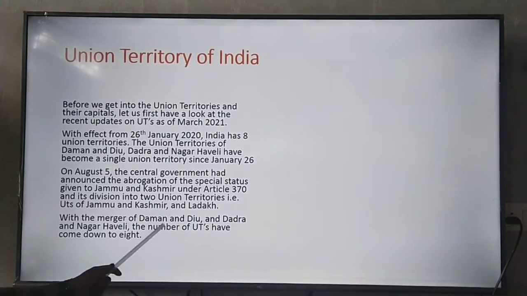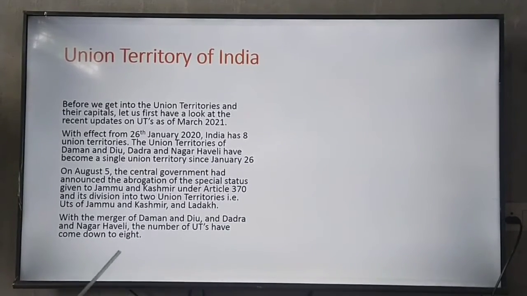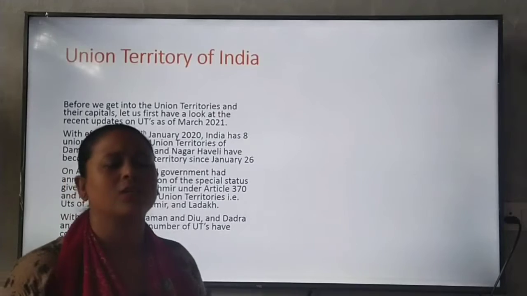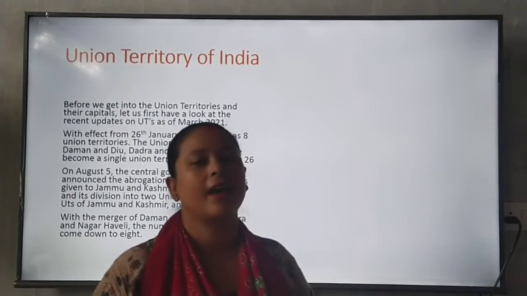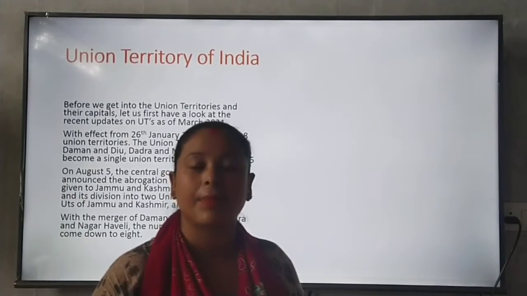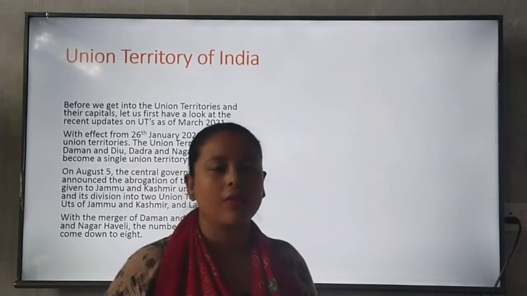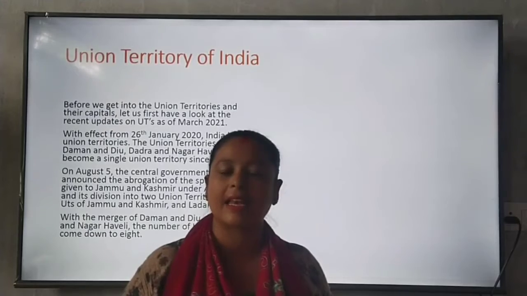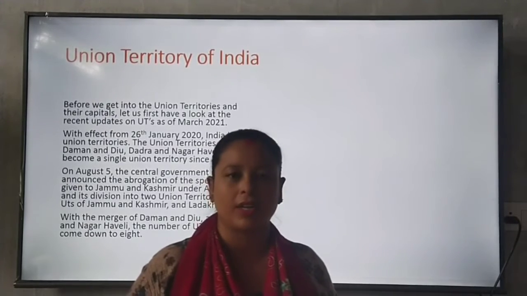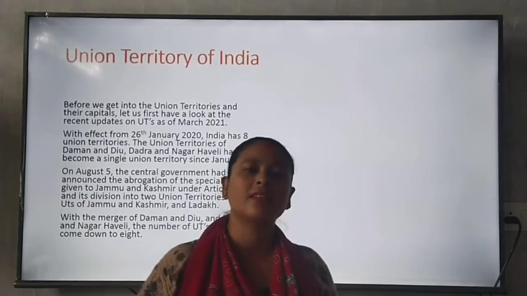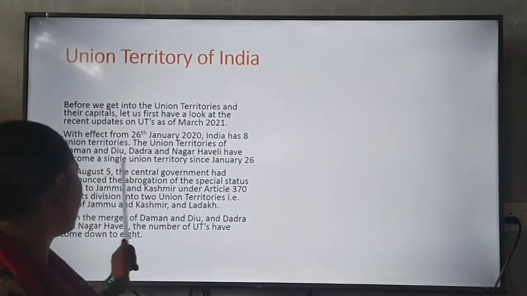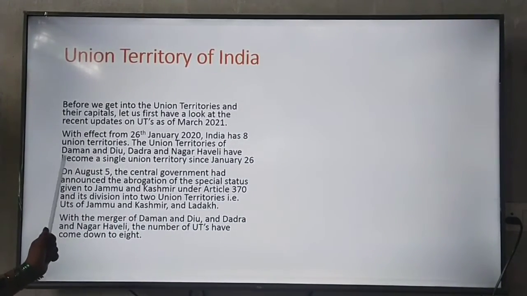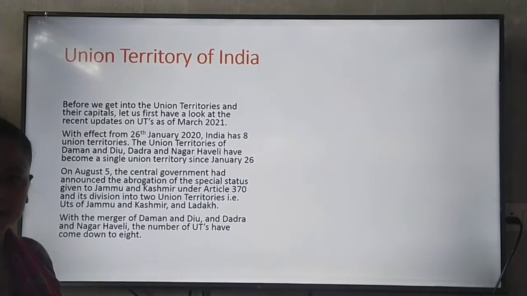With the merger of Daman and Diu and Dadra and Nagar Haveli, the number of UTs have come down to 8. Before 2020, India had 29 states and 7 union territories. Now India has 28 states and 8 union territories, as Dadra and Nagar Haveli and Daman and Diu has become a single union territory since January 26.